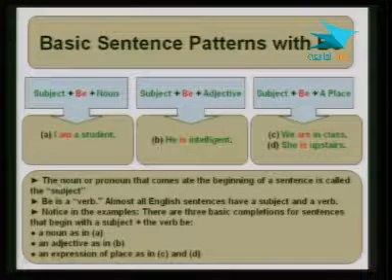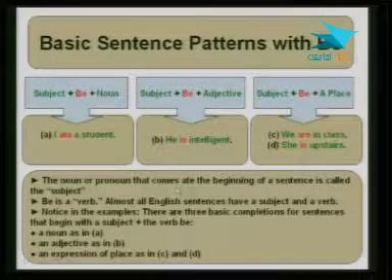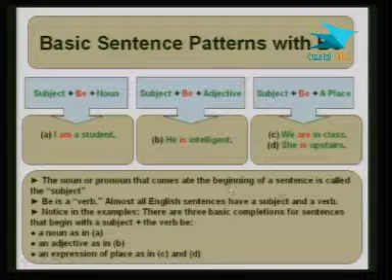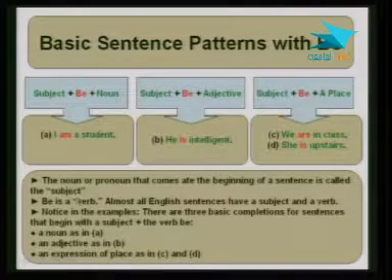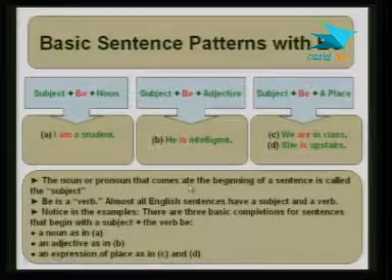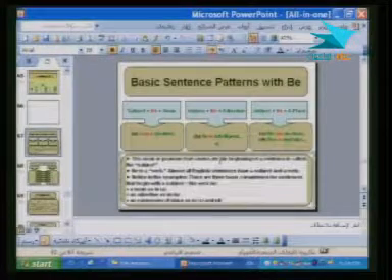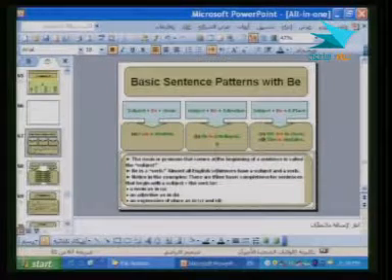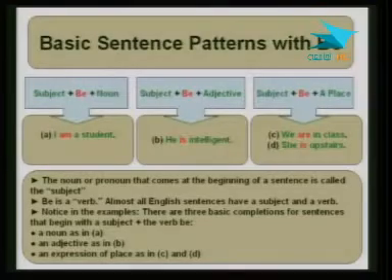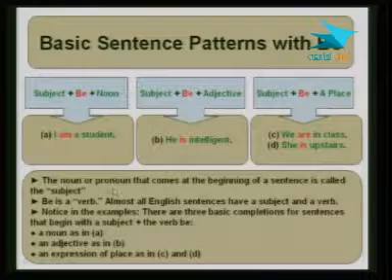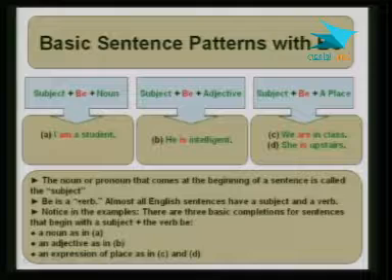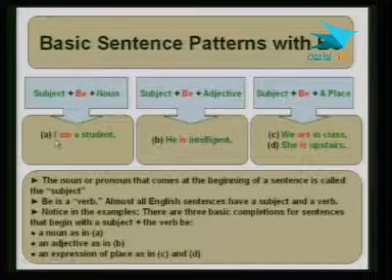So let's look at the information here in this part of the slide. It says the noun or pronoun that comes at the beginning of a sentence is called the subject. All right, so this here comes at the beginning.